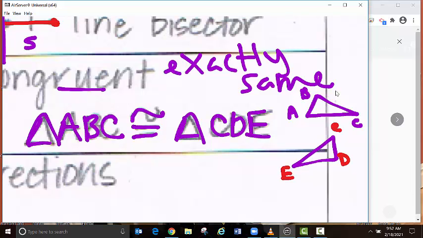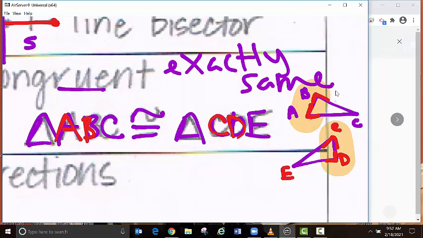They're 100% the same. This corner A has the same size as this corner, oops, I should have said C. Okay, this corner B opens up the same as this corner D. The angles open up the same, and this leg is the same size as this leg.